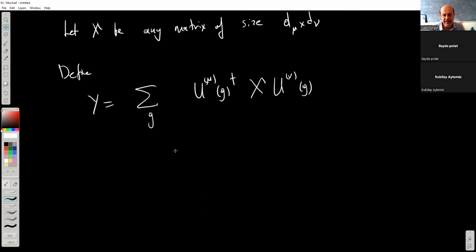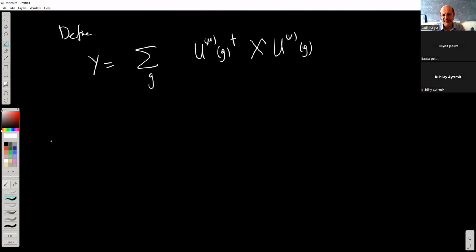So in any case, the nice thing about this matrix is that it satisfies Schur's lemma's conditions. As a result, we can show this. I'm not going to show it in here.